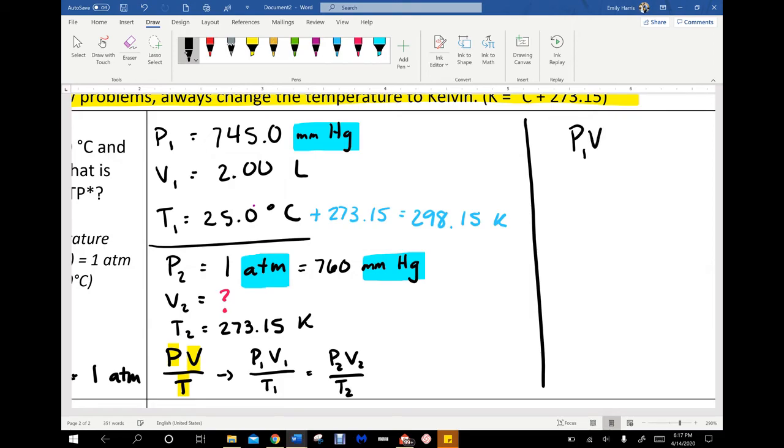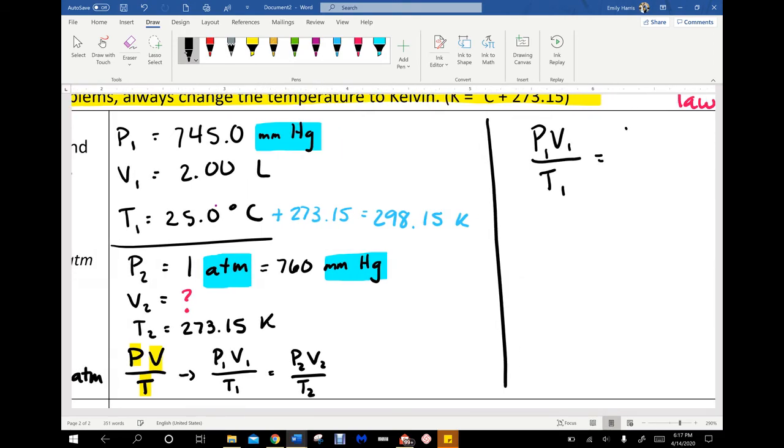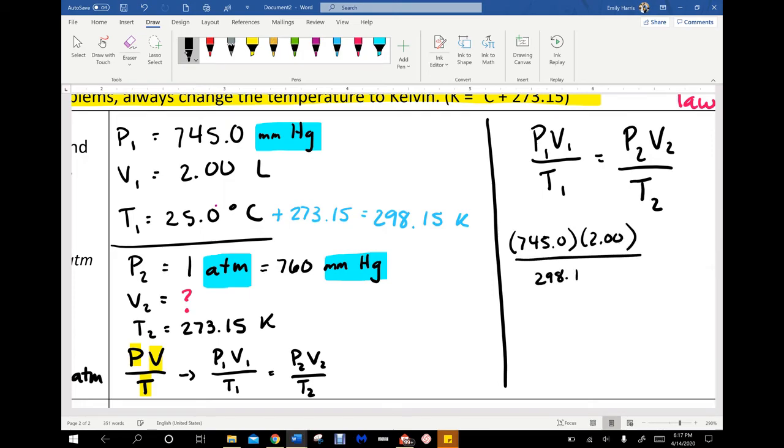So we've got our whole formula, P1 V1 over T1 is equal to P2 V2 over T2. So let's plug in our first pressure, 745 millimeters of mercury, our first volume, 2, and our first temperature, again, remember to use the Kelvin temperature, 298.15.